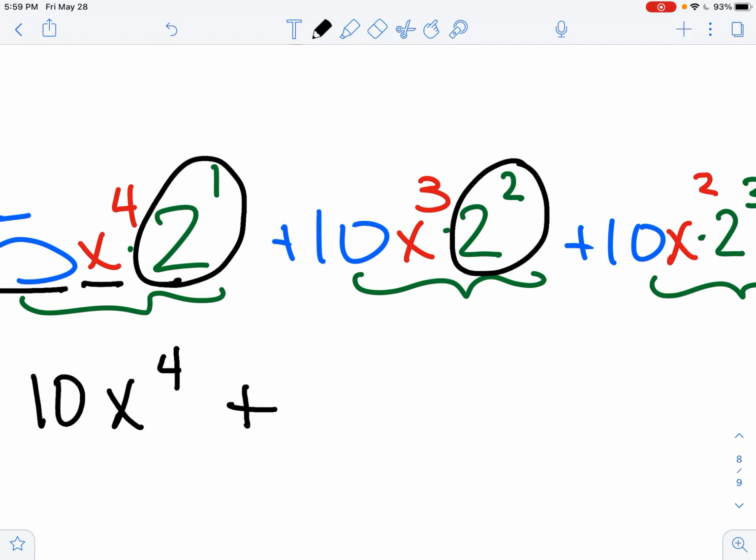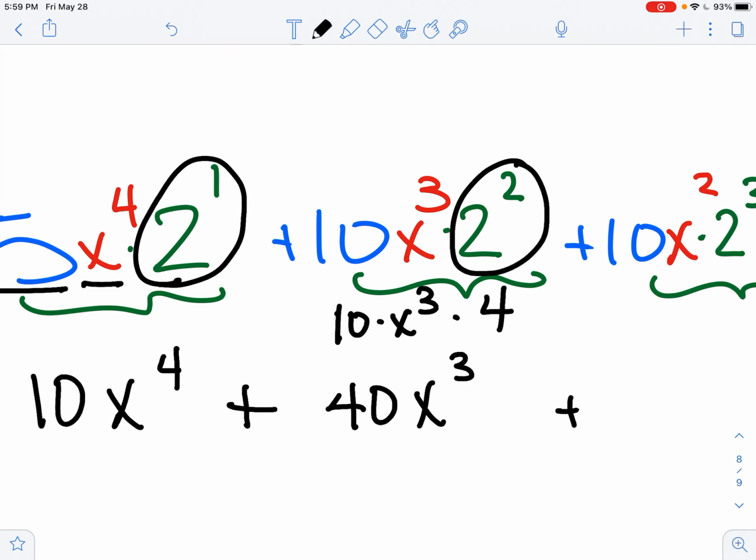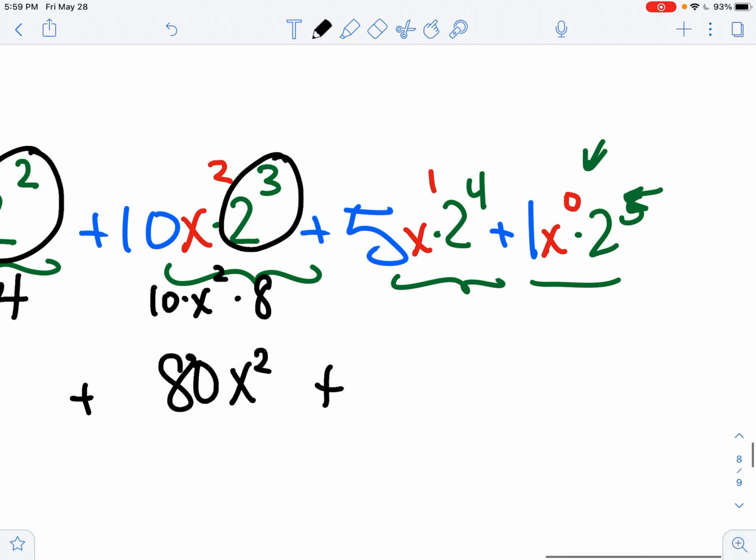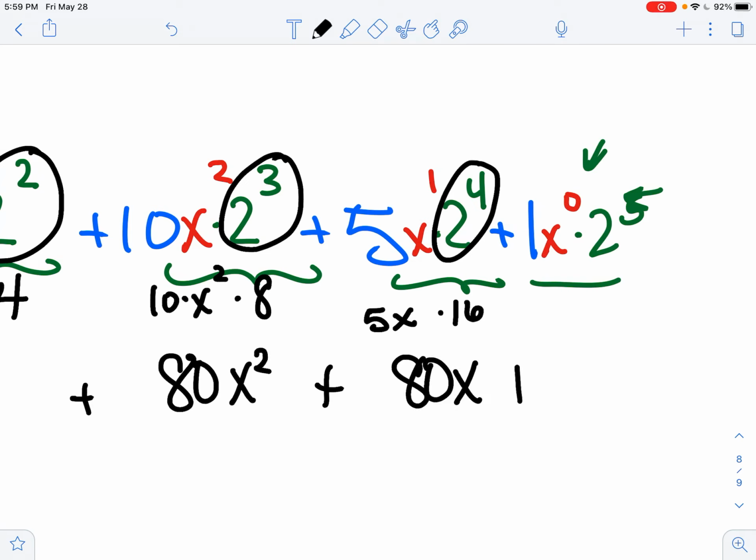And then this becomes 4 times 10 times x to the 3rd, which gives me 40 x to the 3rd. And then this becomes 8, and we've got 10x squared times 8, so we get 80x squared. And then this becomes 2 to the 4th is 16 times 5 times x. And that also gives me 80x.